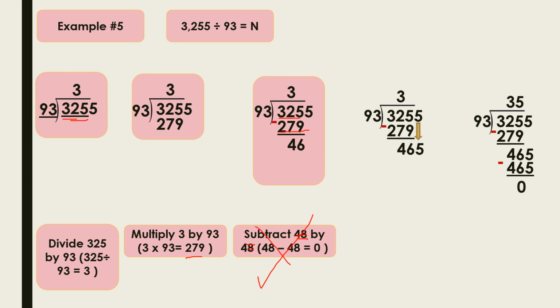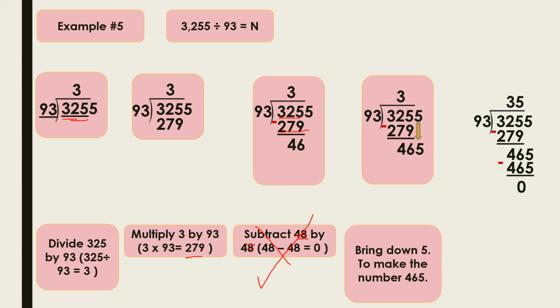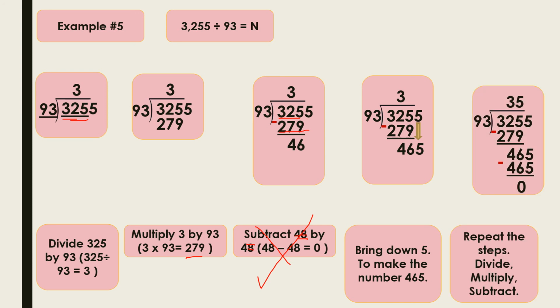So the answer there is 46. After you subtract, you bring down 5 to make the number 465. Again, if you bring down, that is the signal that you need to proceed with the division process. After that, you divide 465 by 93. The answer is 5. Okay?